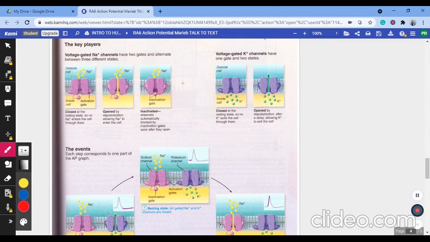So this is the Na, or the sodium channel, and this is the potassium channel.